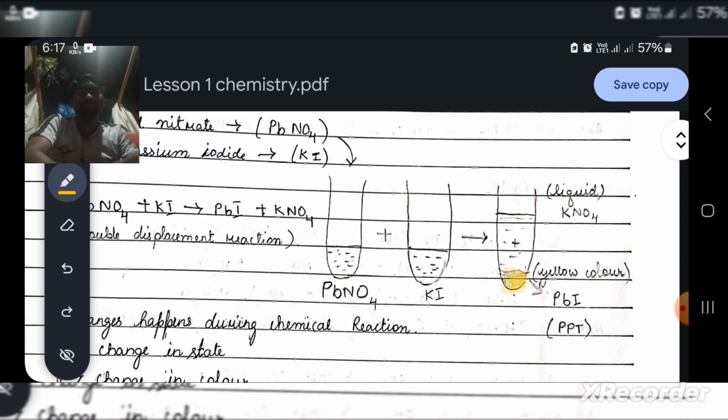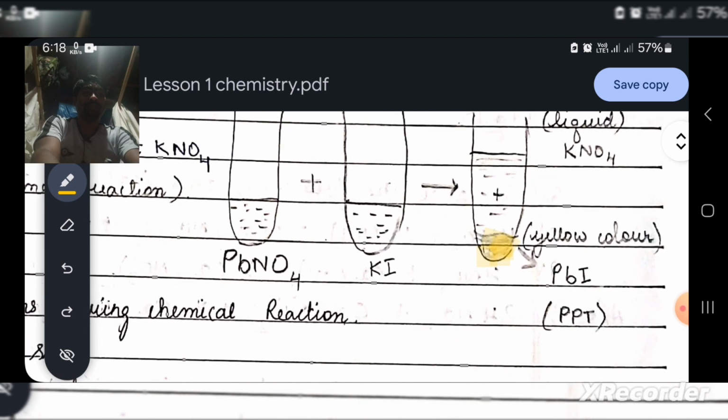Look, what is happening here? We can say there is a double displacement reaction. We'll learn this one more briefly in next topics. What we can see here is the important thing.